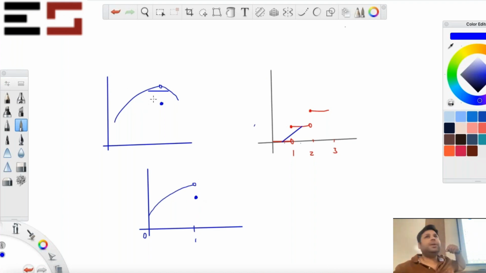In the first one, I picked this point and connected them, and the line segment connecting them doesn't lie entirely below the graph. The reason is that this point lies below this line, and that's why the function is not concave. So if you violate continuity, concavity will be violated.